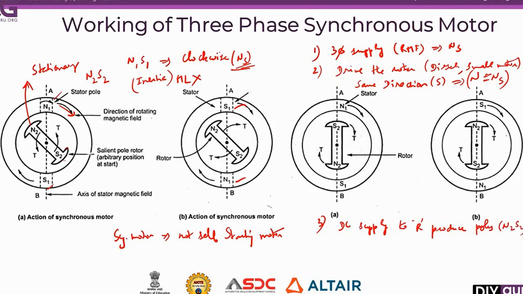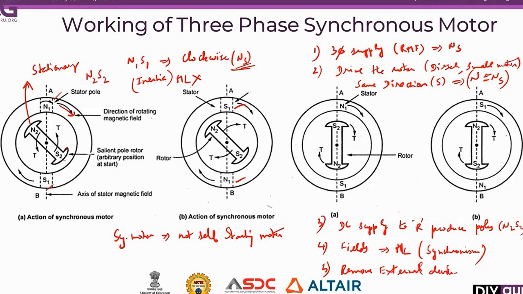After some period, both the fields will be magnetically locked. In other words, both the fields will be pulled into synchronization. Then remove the external device.